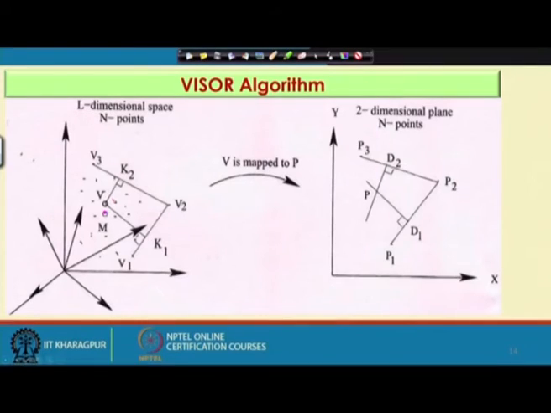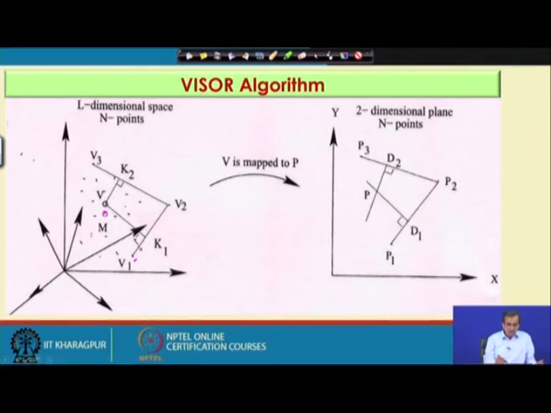We compare those values and try to find out a data point which is farthest from the centroid point. That means the Euclidean distance should be the maximum. Supposing that V 1 is the data point whose Euclidean distance is maximum from M, V 1 is selected as the first pivot point.